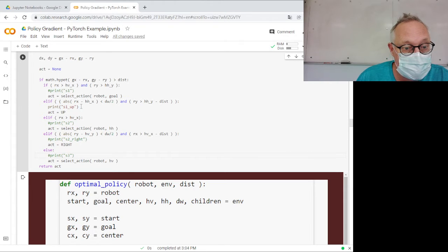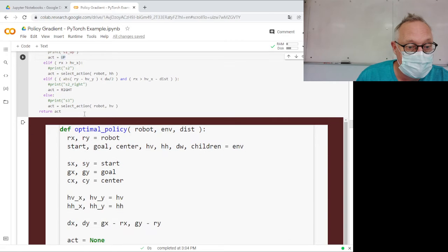So Rx minus HHX for width over 2, Ry greater than HHY. Option up.